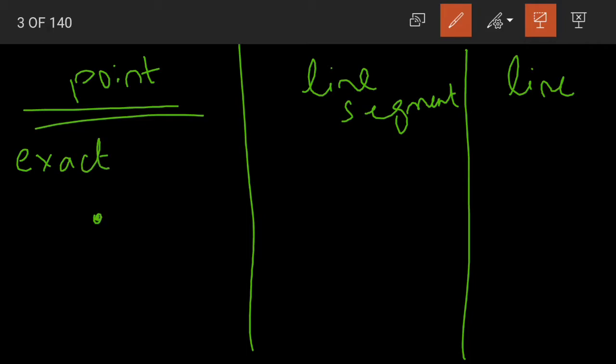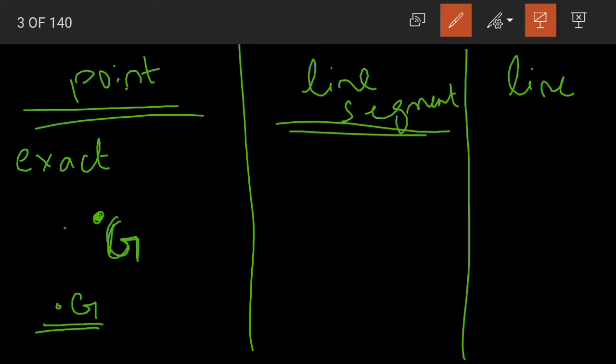This is a point. And how do we denote the point? How do we name a point? We name a point using a capital letter. So for example, G. This is a point and I have named it as G. So I'll write it as point G. Point gives us the exact location.